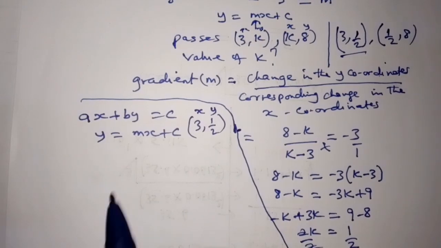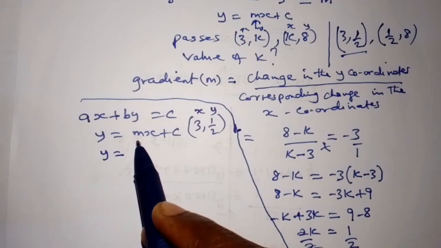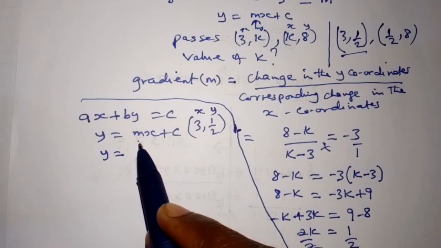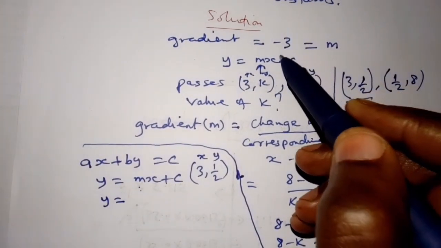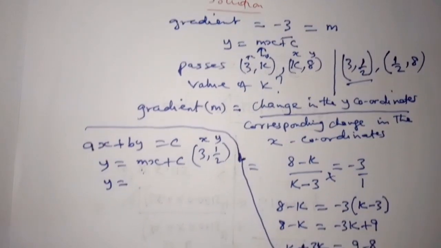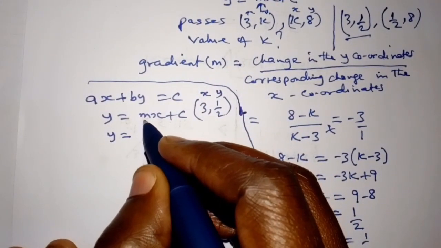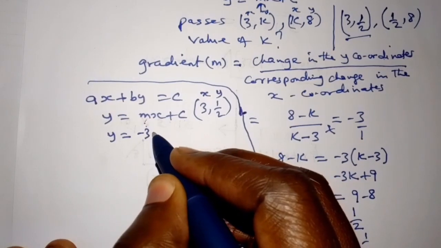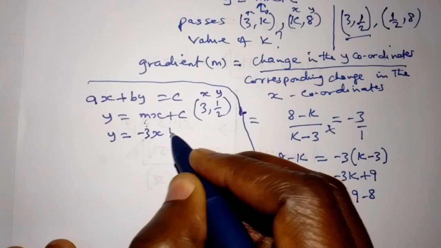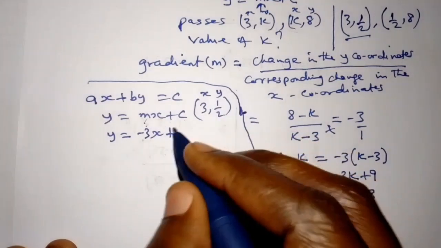So now we can say that y is equal to the given gradient, negative 3. We put negative 3 in place of m, which is the gradient, then x plus c.